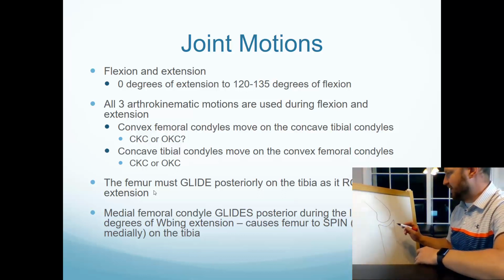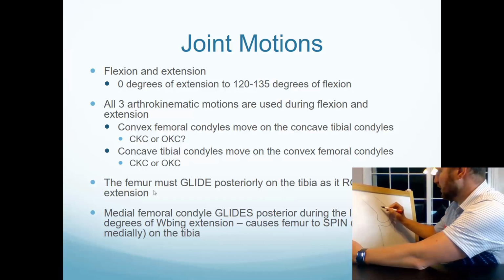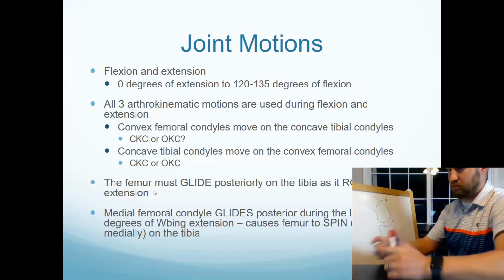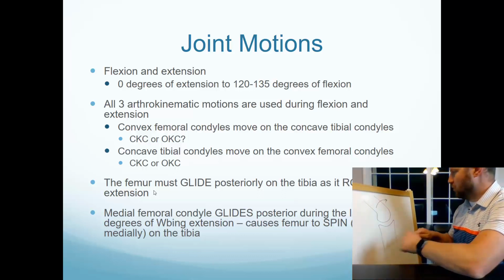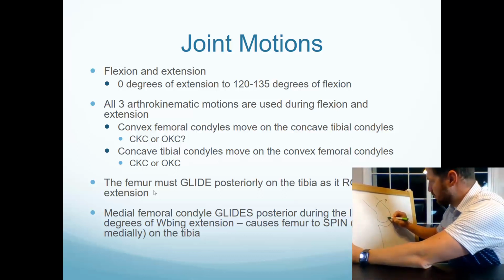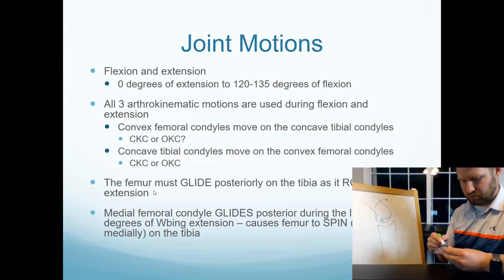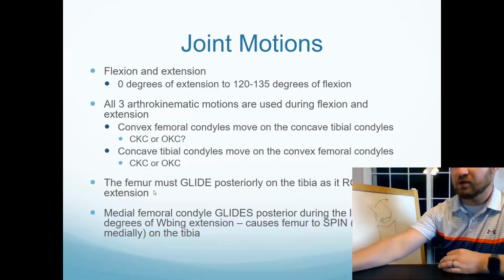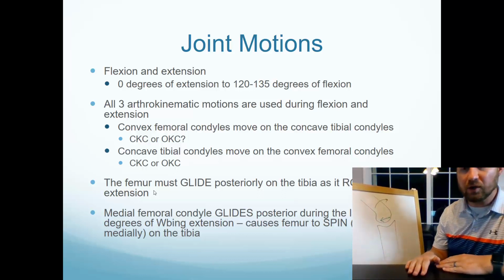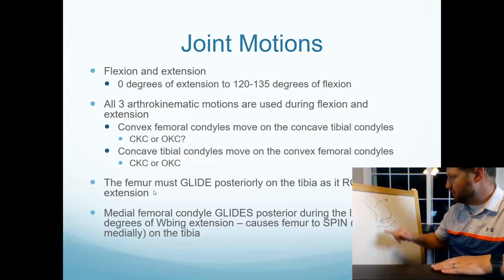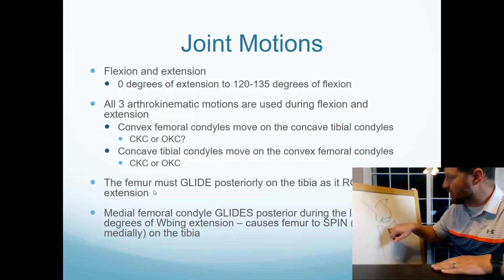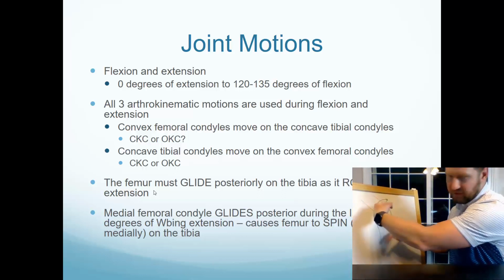As this is going in an anterior roll, we must also have that posterior glide. So it just depends on what you are talking about moving. With that example, there's a convex moving on a concave, so they're in opposites.